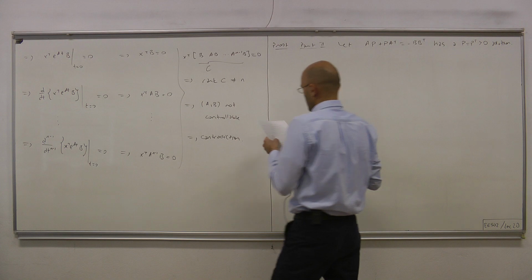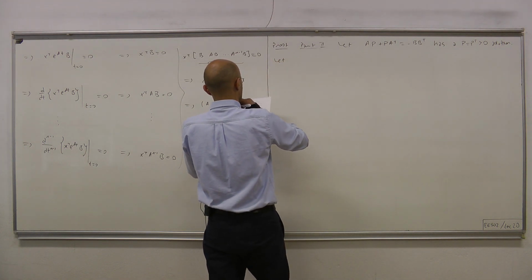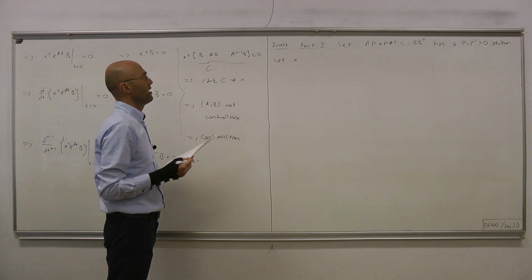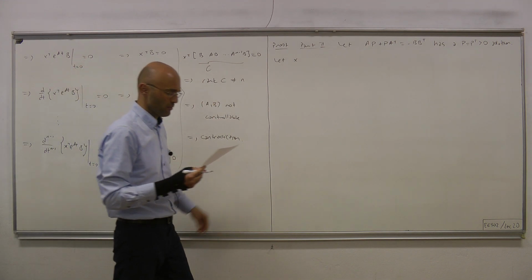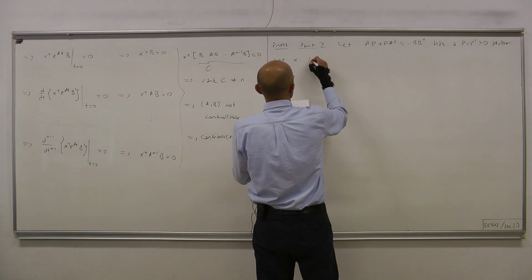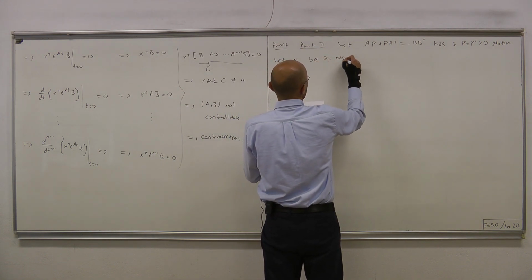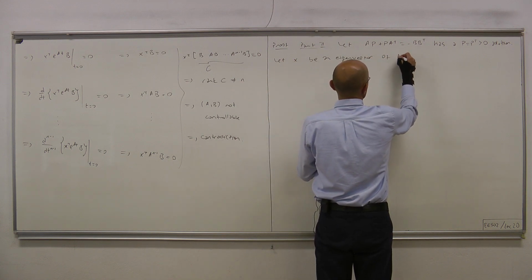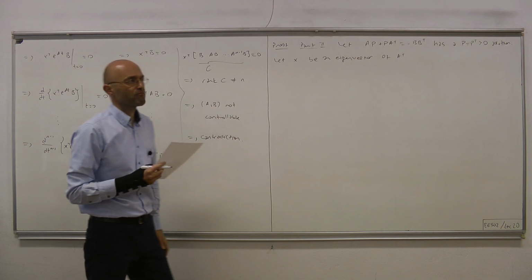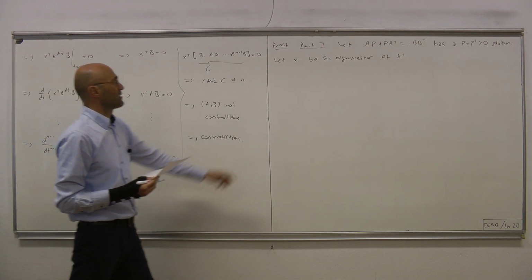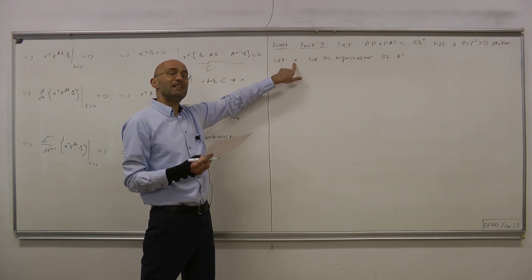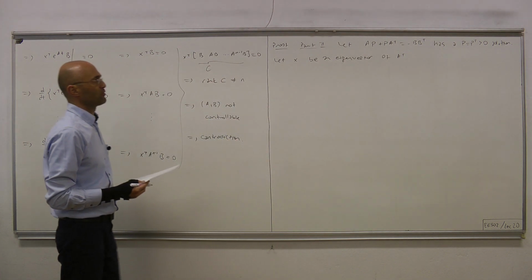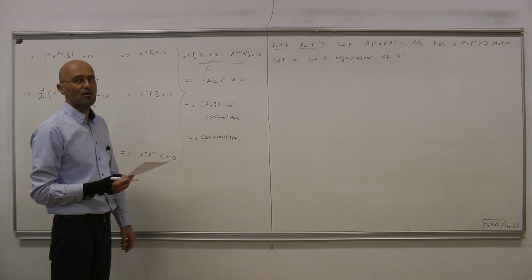Now, suppose that X is an eigenvector, or pick an eigenvector of the matrix A transpose. If you can show that that vector can never be in the null space of B transpose, by the PBH test we will have shown that the system is controllable.